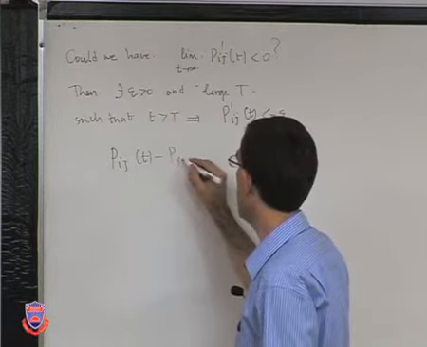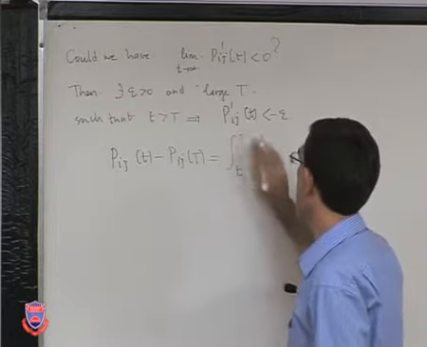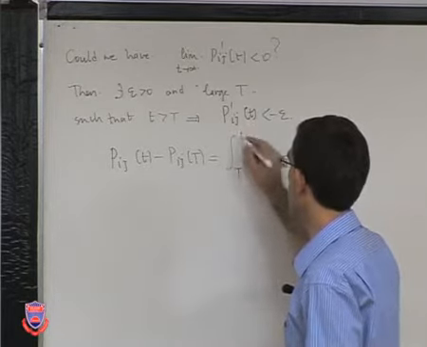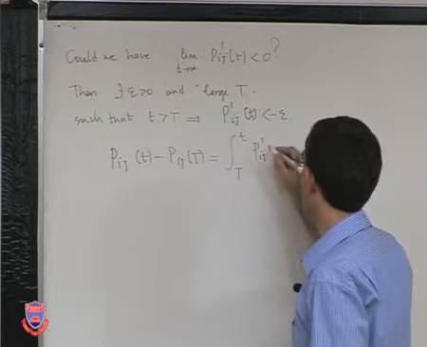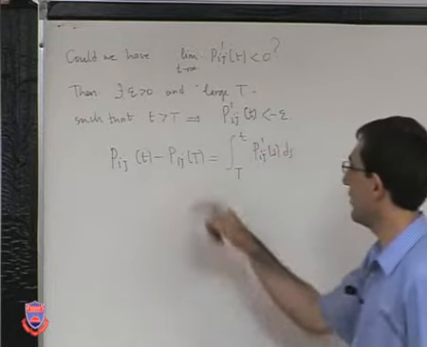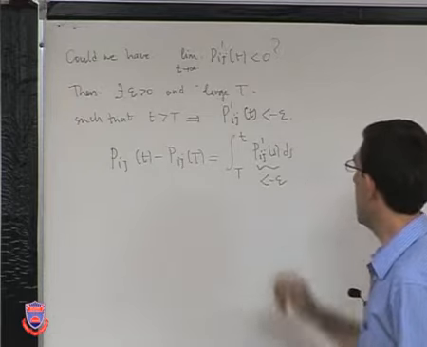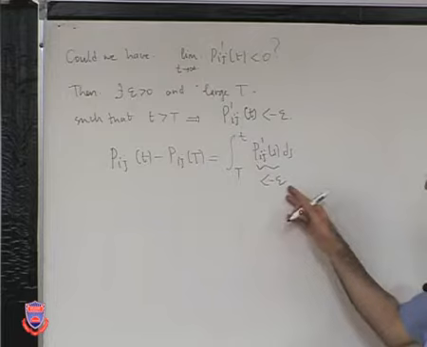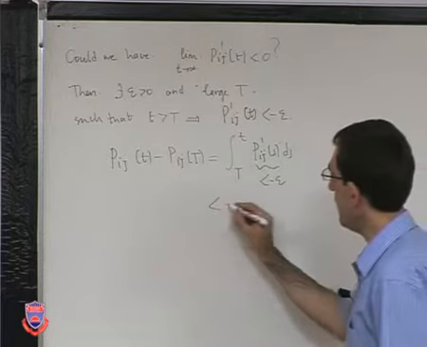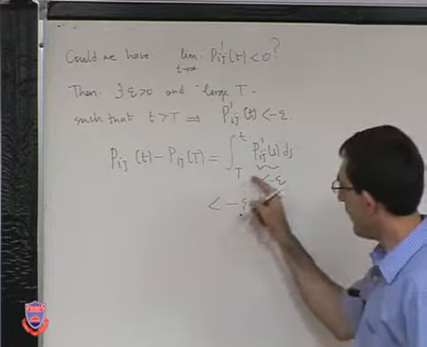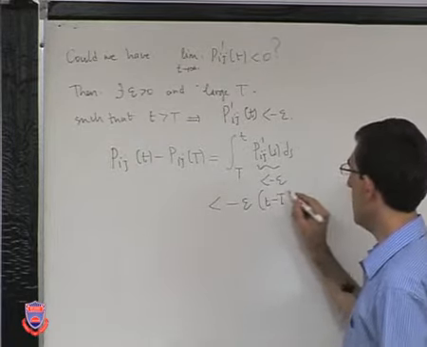But then you look at the same identity over there. So this difference, as before, can be calculated as the integral from T to t of the derivative of the same transition function, which we know now is less than minus epsilon for each s after T, and therefore this is going to be bounded from above by minus epsilon times (t minus T).